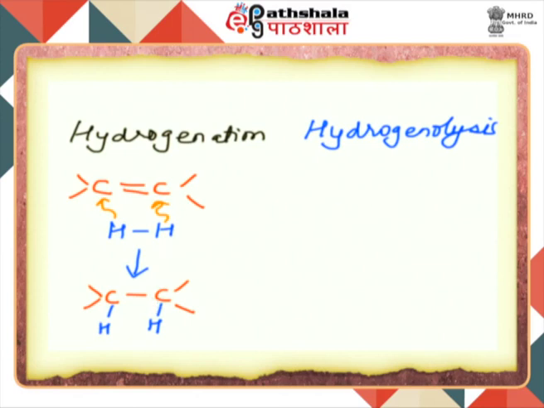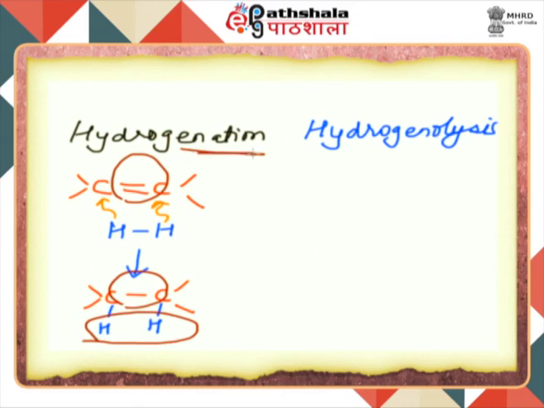So what has happened in this case is the double bond has got converted to a single bond and still these hydrogen atoms are intact. So it's a single molecule you have added, and that is why the term hydrogenation, it is the addition happening.